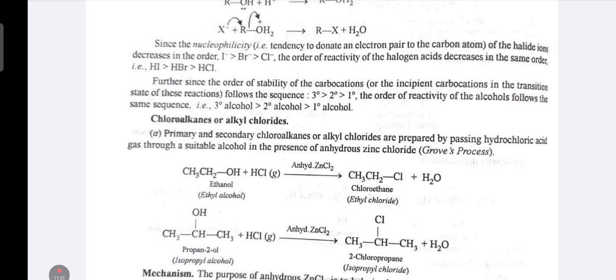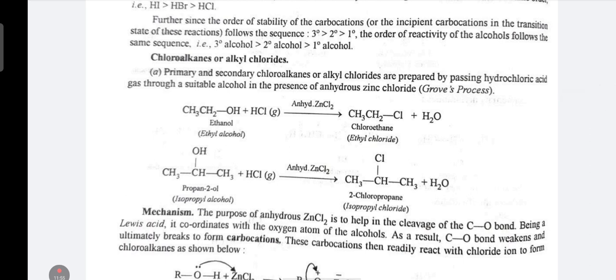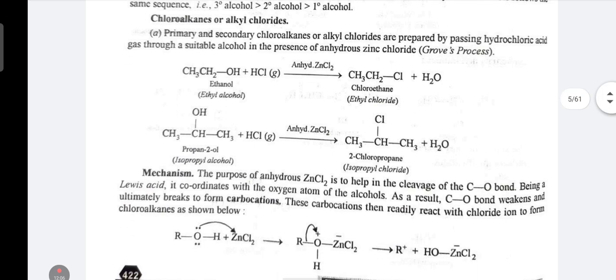Chloroalkane or alkyl chloride. Primary and secondary chloroalkanes are prepared by passing hydrochloric acid gas through a suitable alcohol in the presence of anhydrous zinc chloride, that is used in the Groove process. Ethanol in the presence of HCl gas and anhydrous zinc chloride forms ethyl chloride with water.